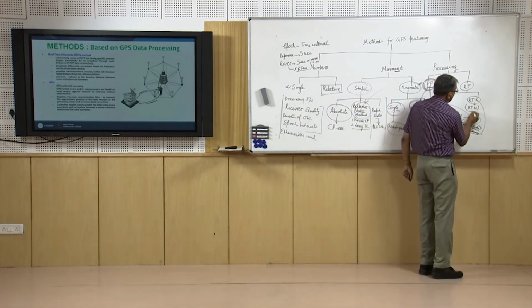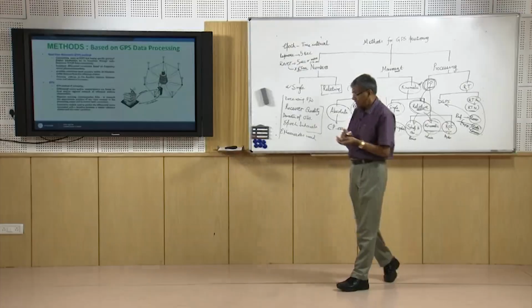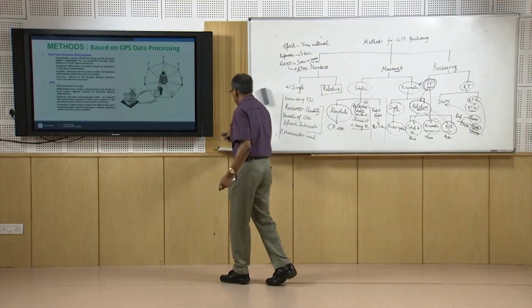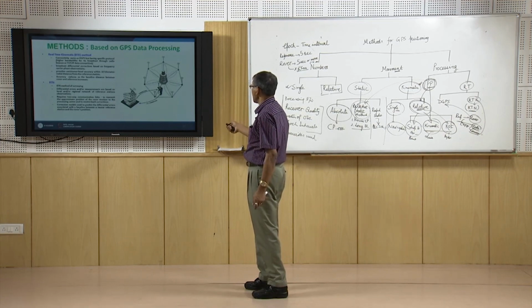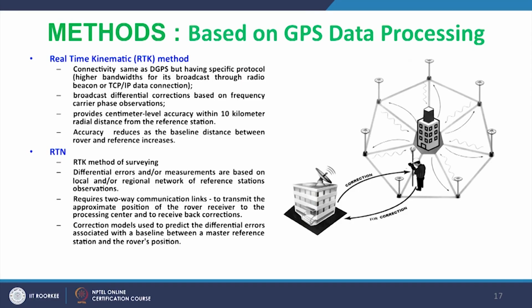And a still more accurate method has come up, that is called real time network. In this case there is more than one reference station, a network of reference stations, and from these reference stations signals go to a central server where the error message will be produced.